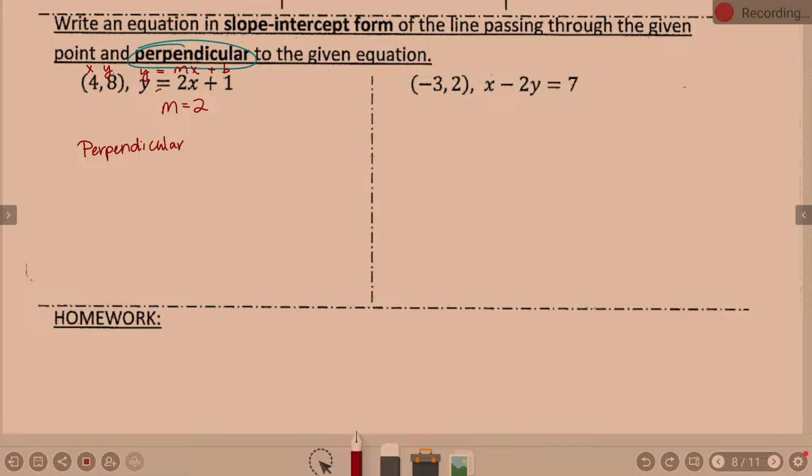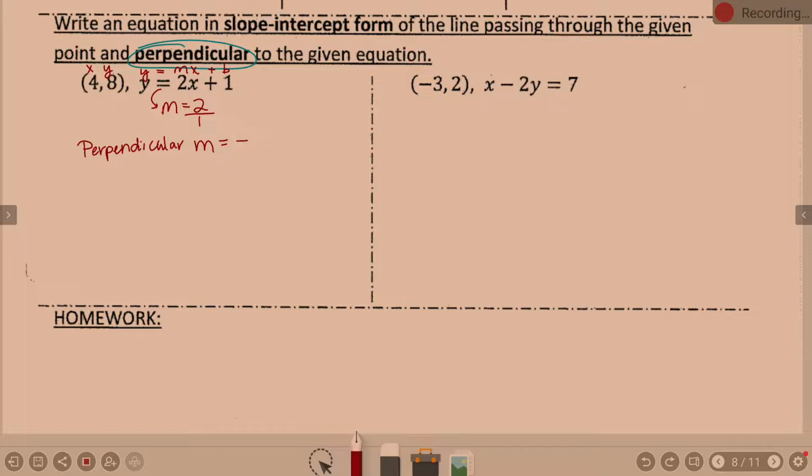So, this slope is 2. What is 2 as a fraction, first of all? Anything can be made a fraction by putting it over, not over 2, but put 2 over 1. So perpendicular. The perpendicular slope is opposite. What's the opposite of positive 2 over 1?